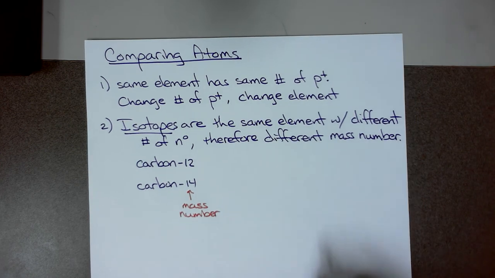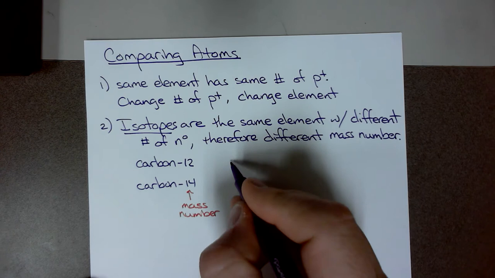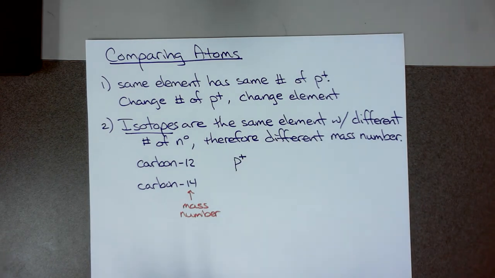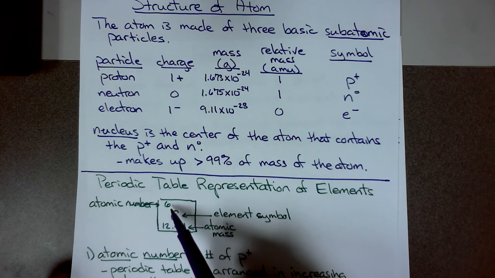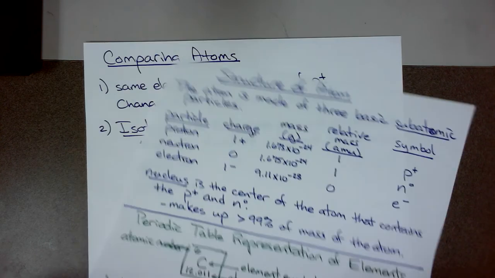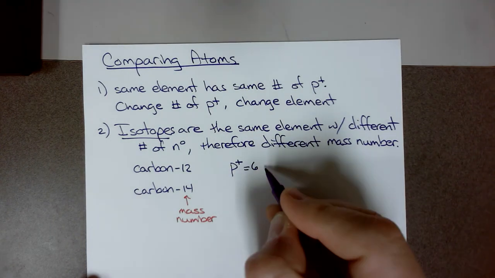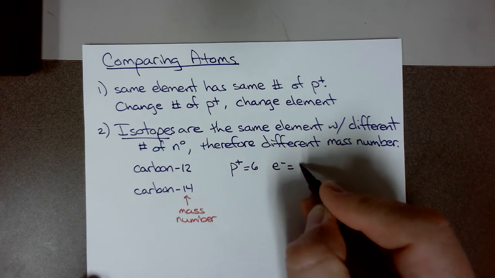So what we're saying here is that if I look at carbon on the periodic table, carbon is number 6, so the atomic number is 6, so it has 6 protons. It is neutral right now, so it has 6 electrons.